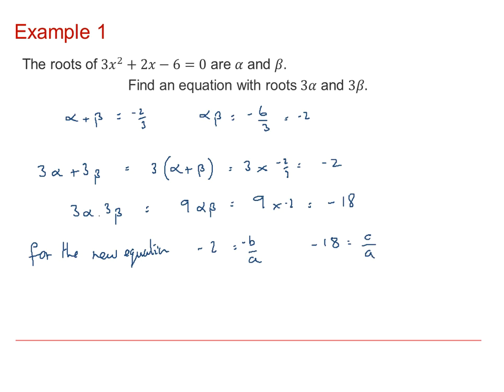So if we let a equal to 1, we therefore have the equation x squared, we then got b is equal to 2, so we get x squared plus 2x, and c is equal to negative 18, so minus 18 is equal to 0. And that's one equation. For different values of a, then we would get different coefficients for b and c.